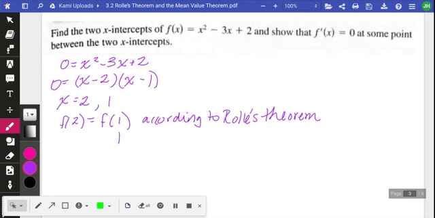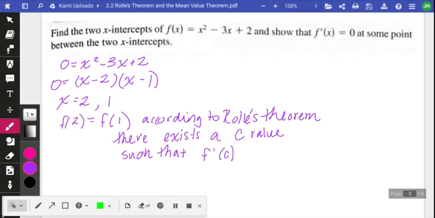So there exists a value c such that f prime of c is equal to 0.